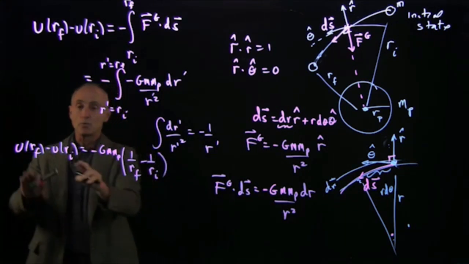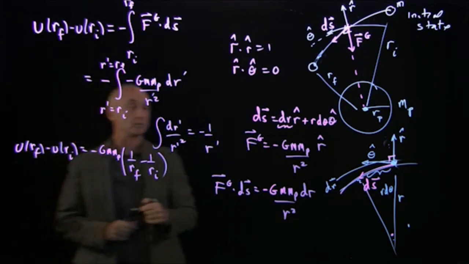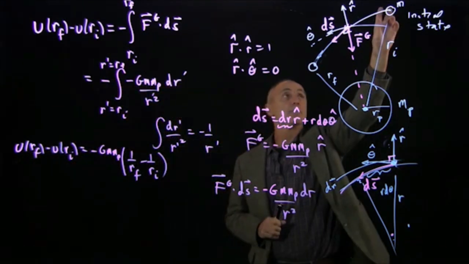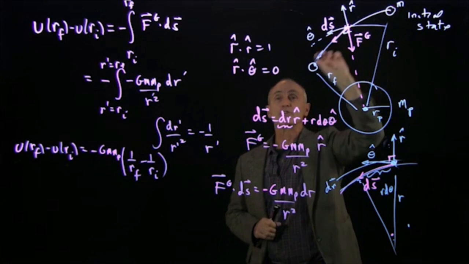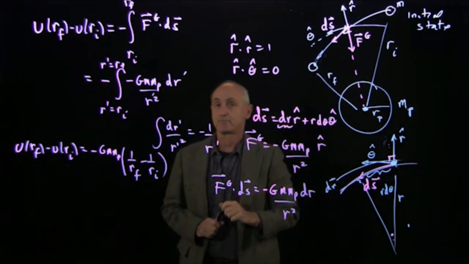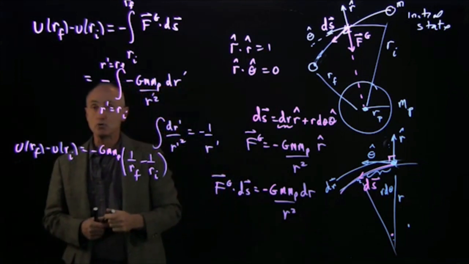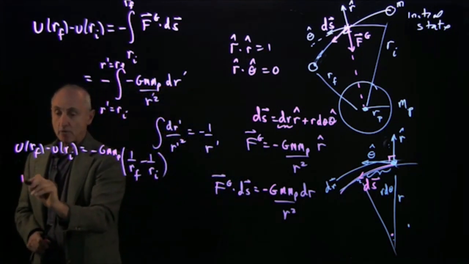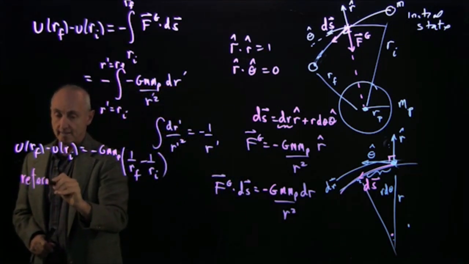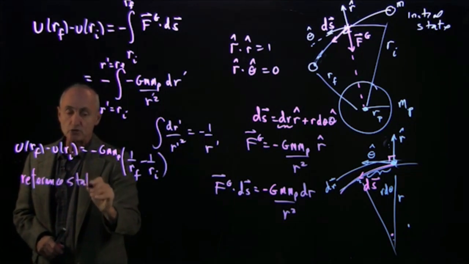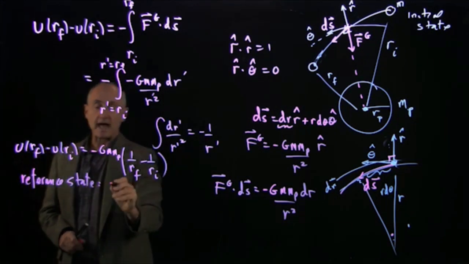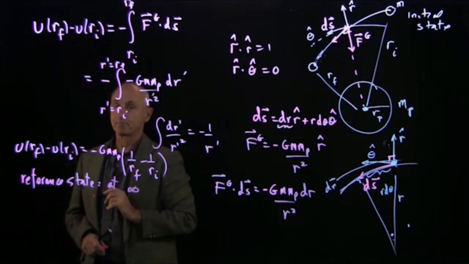So this is the change in gravitational potential energy as my small object goes from some initial state to some final state. What about the potential function? Where should we choose our reference point? Now, our reference state here is a little bit unusual, and it will be at infinity.